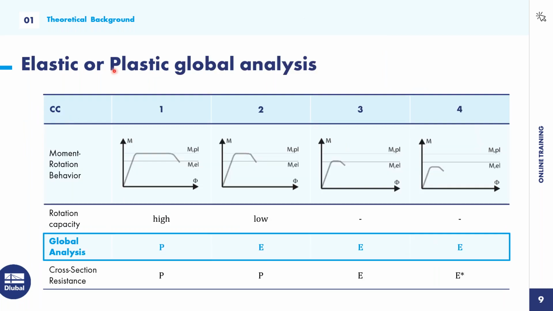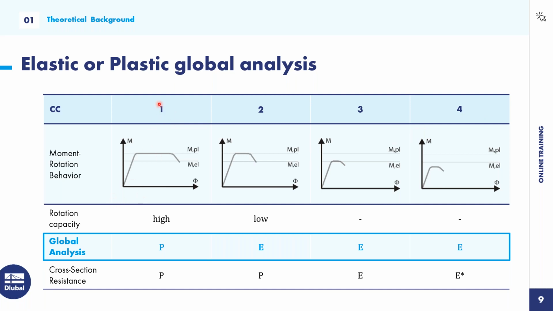Okay, then the next thing, elastic or plastic global analysis. This depends on the cross-section class you have. So in general, we have 4 different cross-section classifications, 1 up to 4.